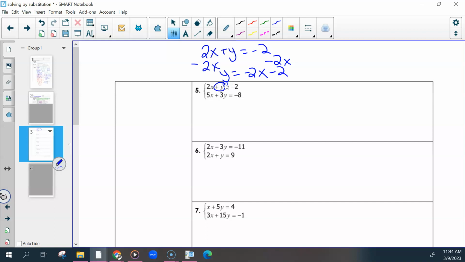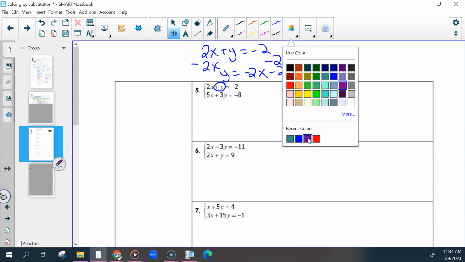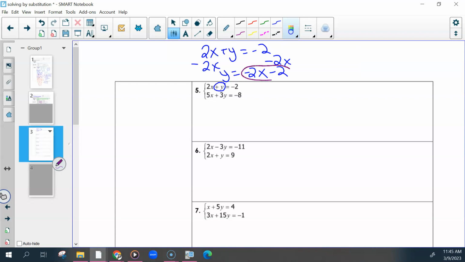So then we have an equation that's solved for y, and the process is the same. We would take this and put it into the y of the second equation. So 5x plus 3 times negative 2x minus 2 equals negative 8. Then distribute and solve.